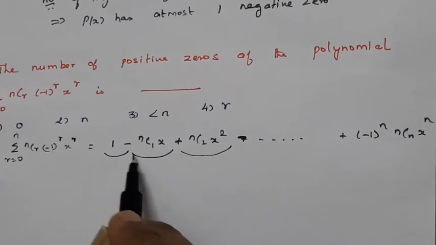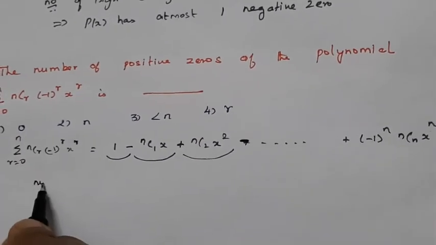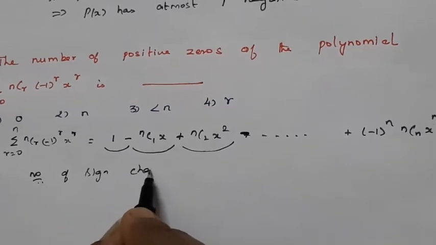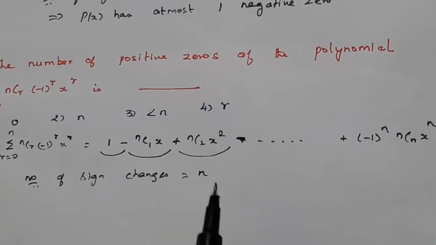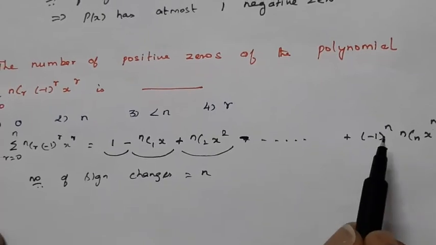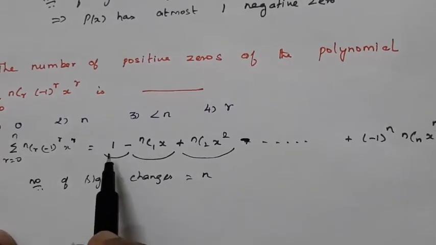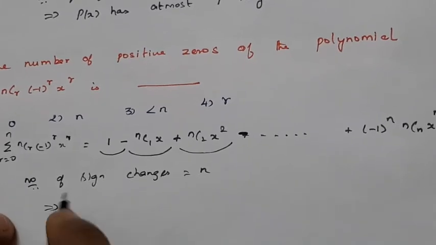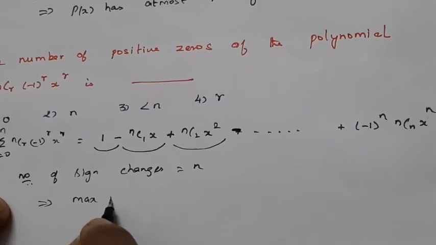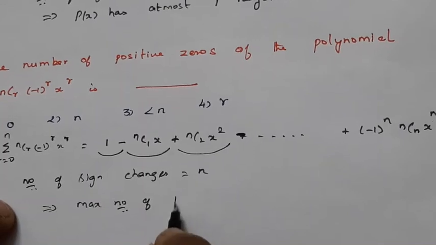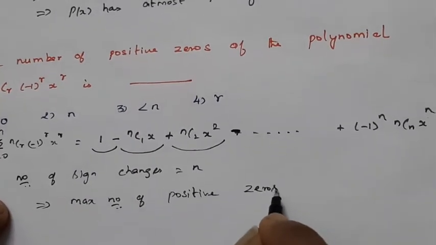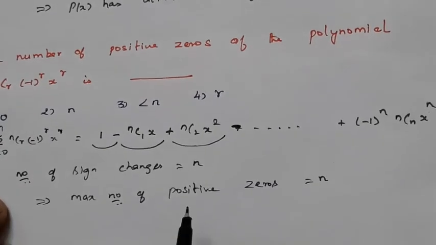So the sign changes will be n, right? So the number of sign changes is equal to n, because it will have n plus 1 terms with alternating minus plus, and therefore the number of sign changes will be n. This implies that the maximum number of positive zeros is equal to n. Okay.